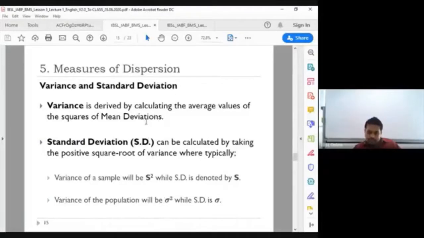Both are the same indicator defined in two different manners. Variance is what we calculated, but when we calculate variance, we'll be converting the data set into a different level of the original form. That's why we take the square root of the variance and come to the standard deviation.